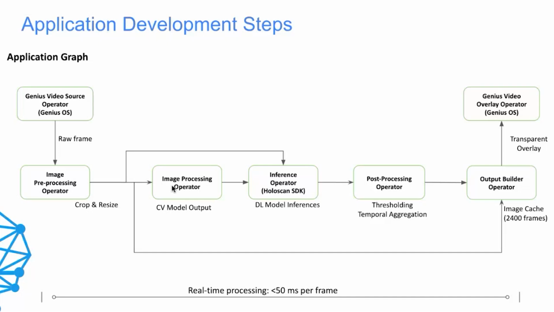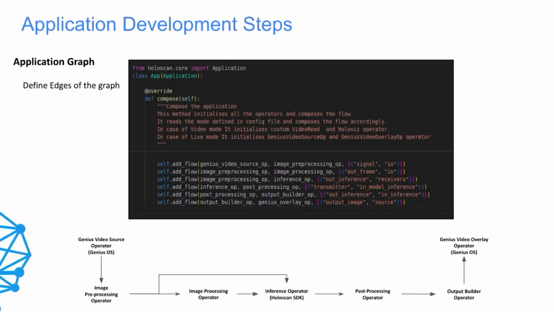These outputs then flow directly to the output builder, and then the transparent overlay is transmitted to the Genius video overlay operator. Overall, this graph needs to run within 50 milliseconds to meet the requirement of 20 frames per second.